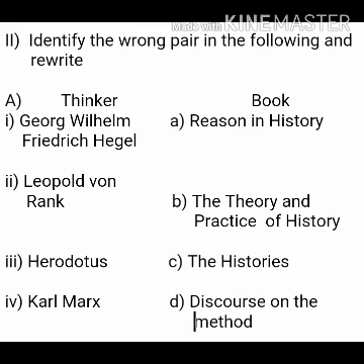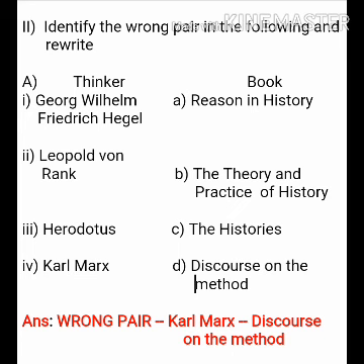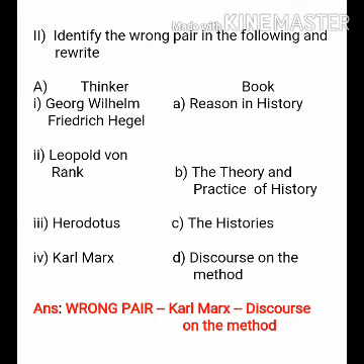So in this fourth one, that is Karl Marx, Discourse on Method book is wrong. He has written the book Das Kapital. So you have to write down now wrong pair, that is Karl Marx, Discourse on the Method. Students, you have to be very careful while writing, identify the wrong pair. You have to follow strictly the board pattern.